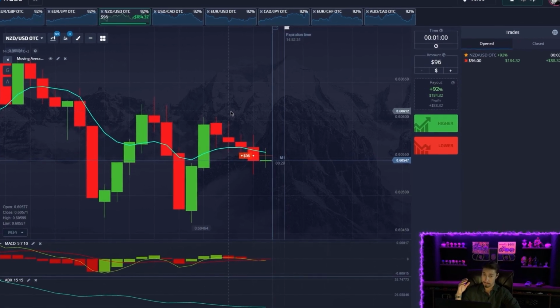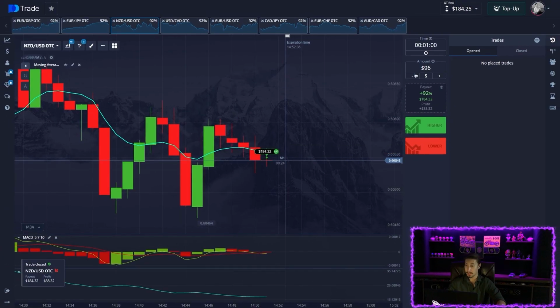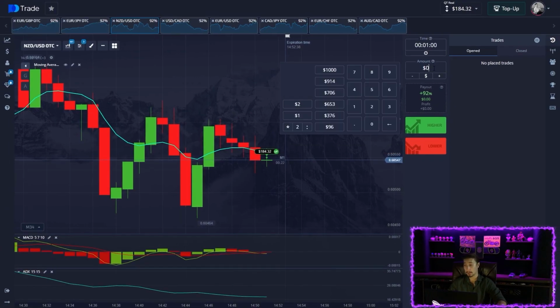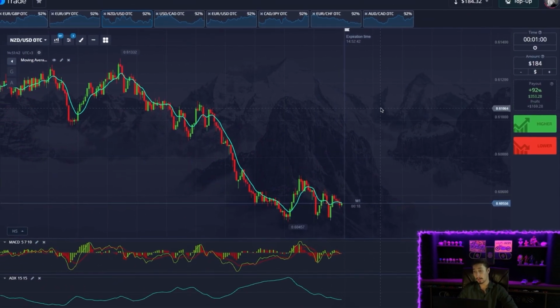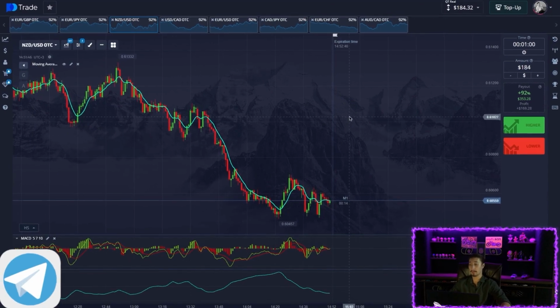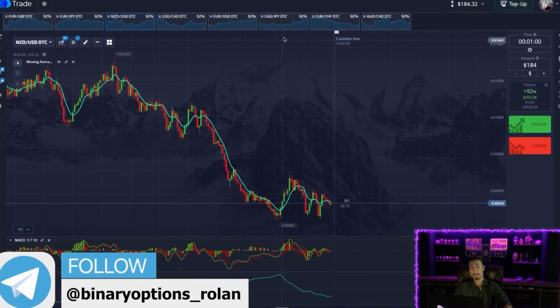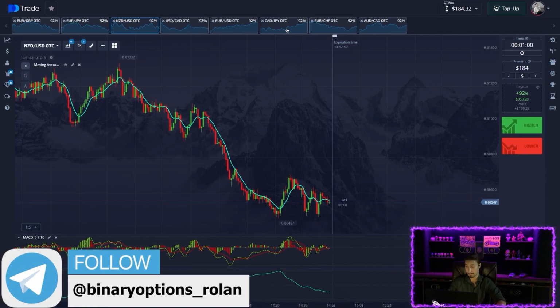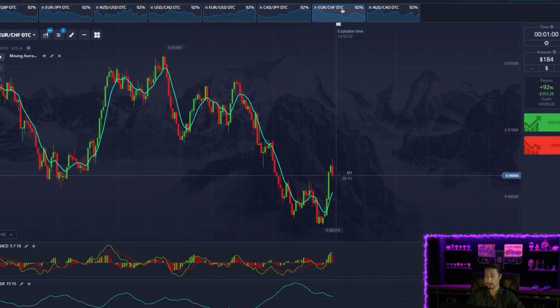And nice, we catch it. Another position is in profit. It was opened in line with the trend, just like the previous one, and it was closed in profit. So let's move on, selecting the next currency pair and opening the next trade. Right, more positions, we need more positions.